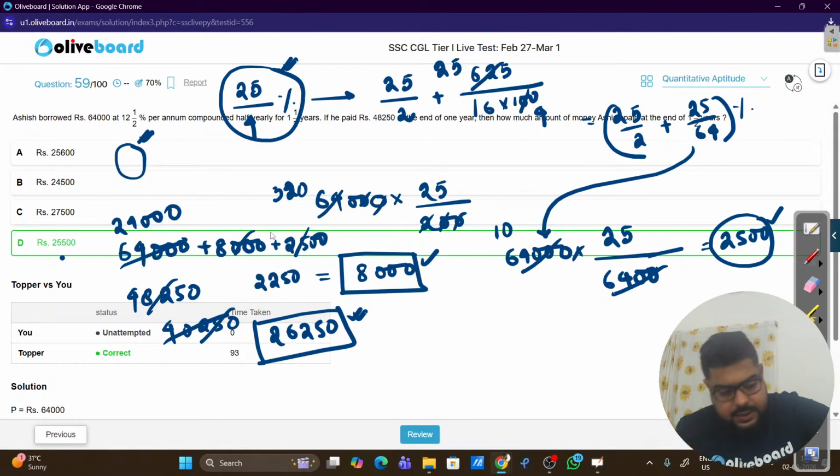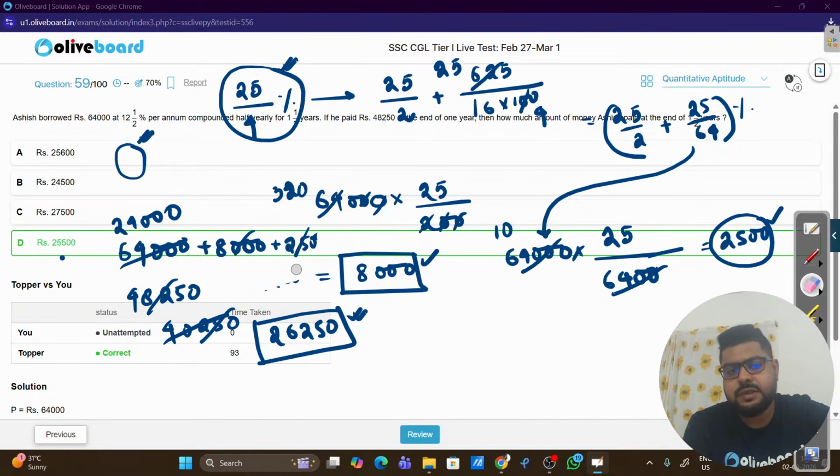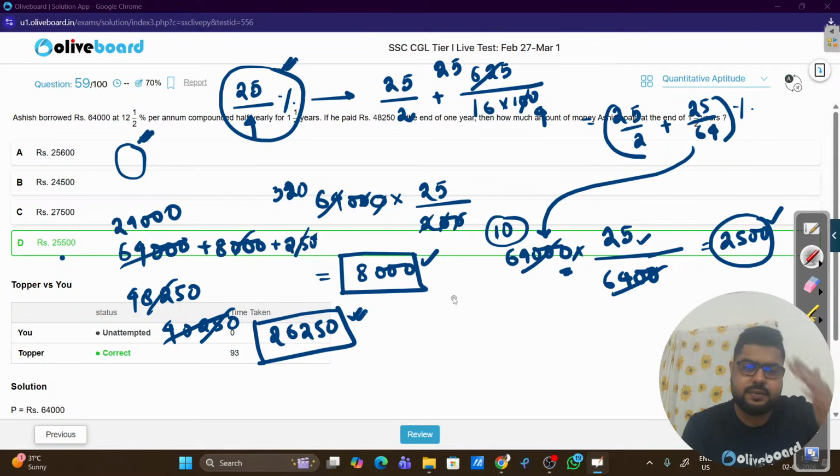Arey yaar, my mistake, everyone. You see, I made the same mistake twice. This is 250. I have written 2500. Sorry. 225 and 10 is remaining. My mistake.